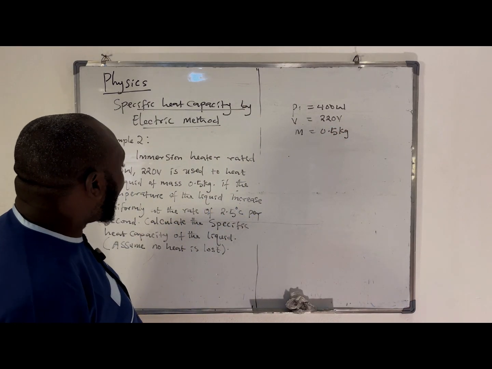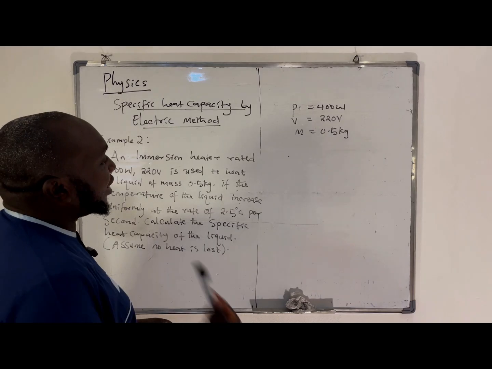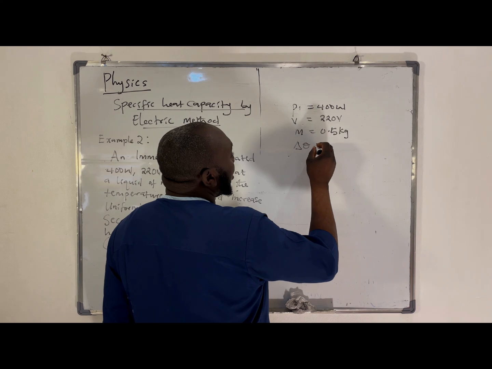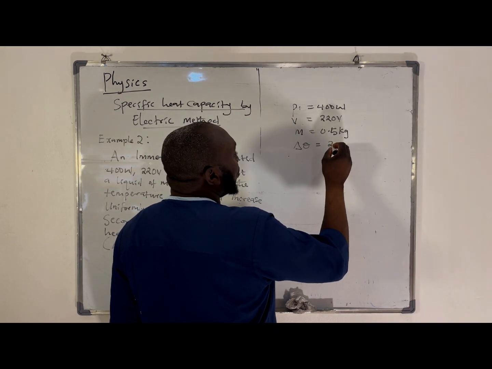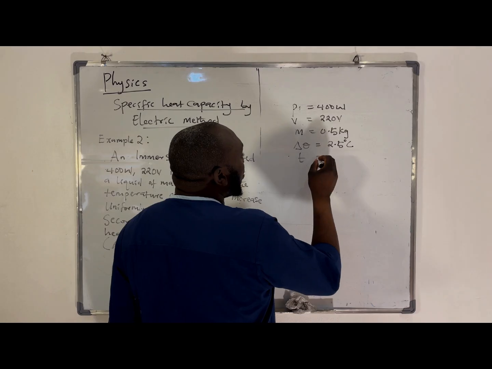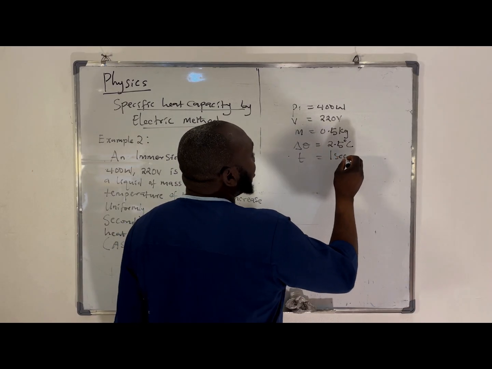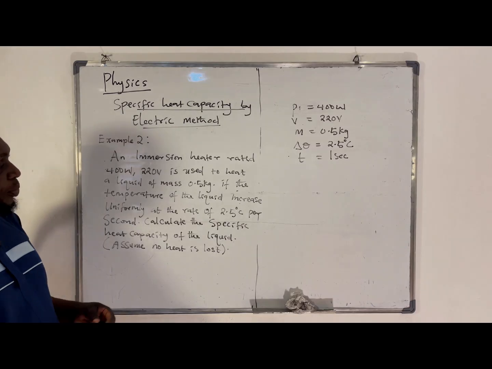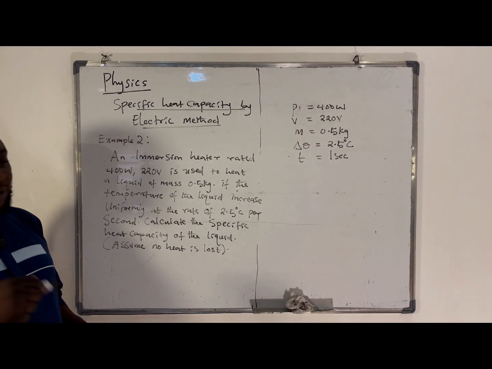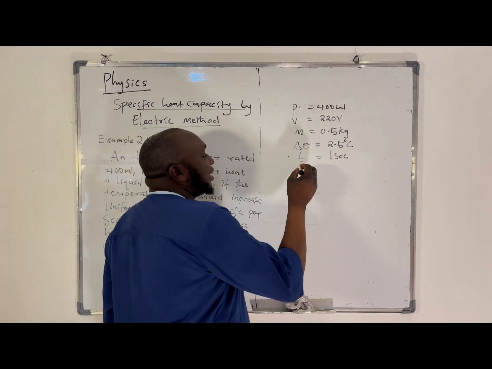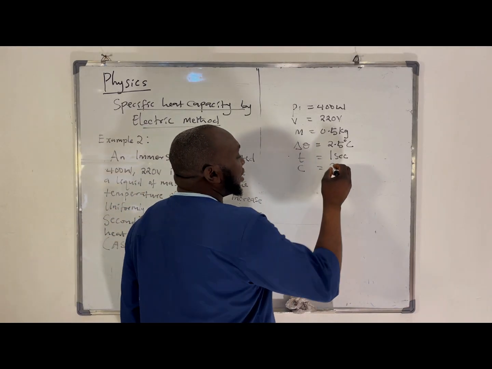If the temperature of the liquid increases uniformly at the rate, I told you that the change in temperature is 2.5 degrees Celsius for every 1 second. That means that when the time is 1 second, the change in temperature is 2.5 degrees Celsius. And we are asked to solve for specific heat capacity. We don't know it.